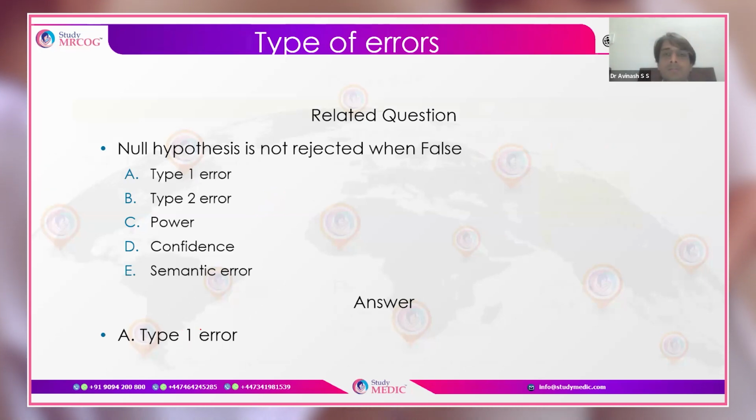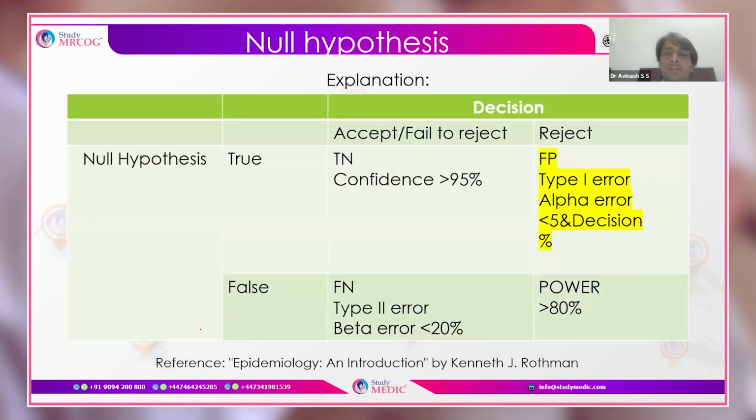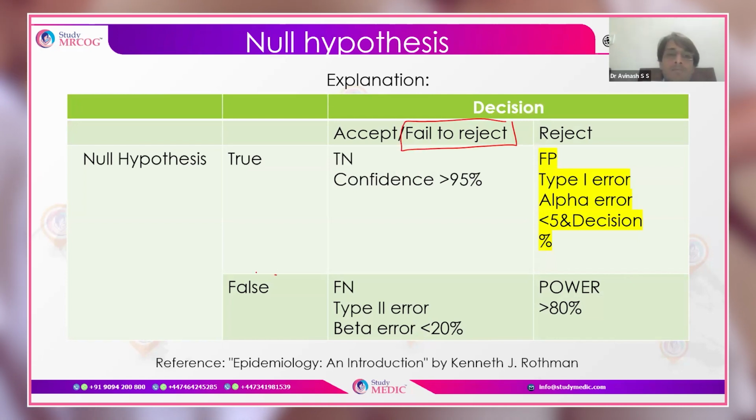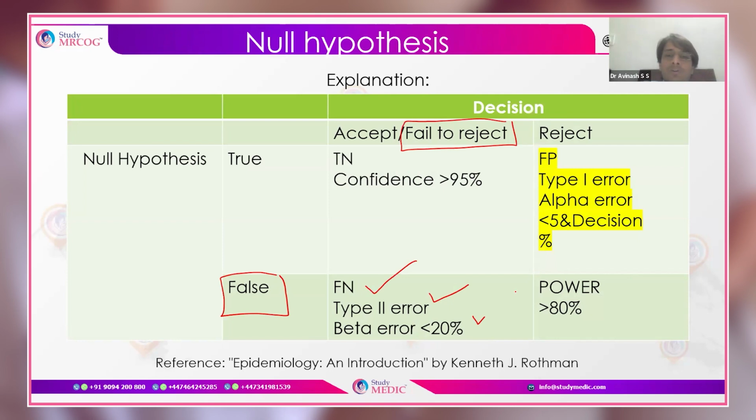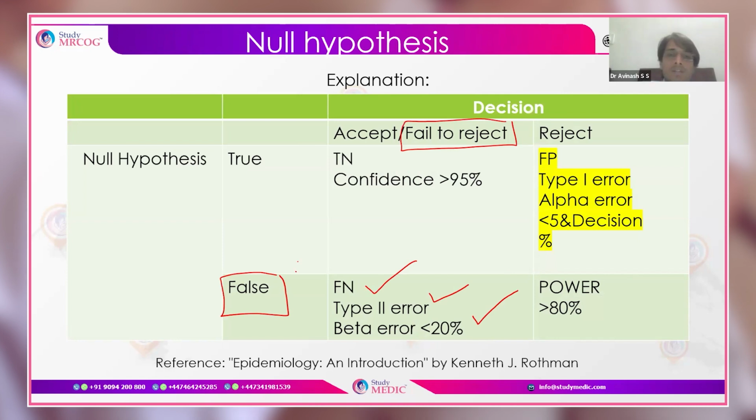So null hypothesis is not rejected, fail to reject when false. Okay, it is false negative or type 2 error, also called the beta error. In other words, null hypothesis is accepted when false: beta error.